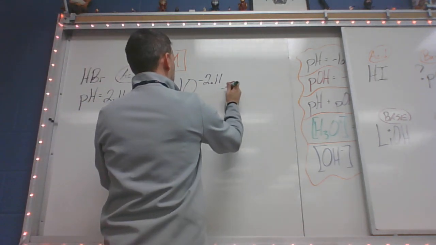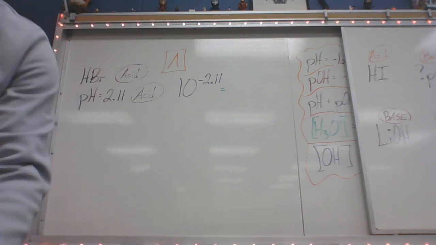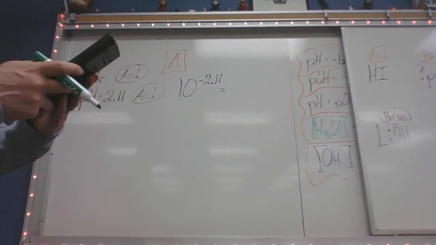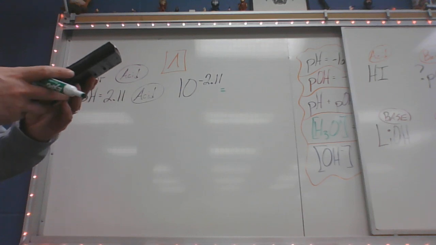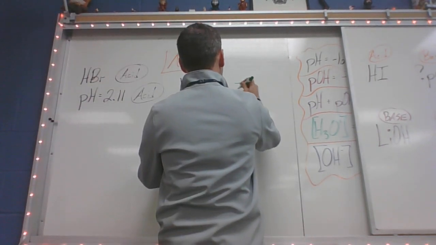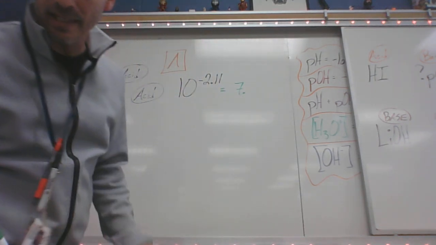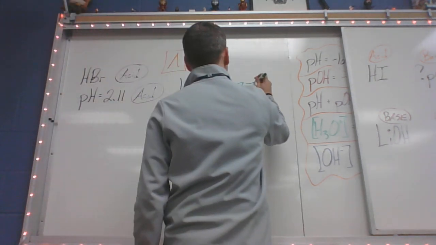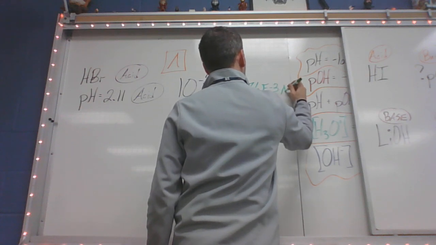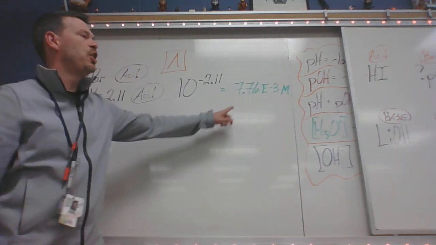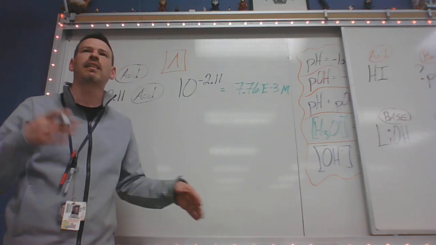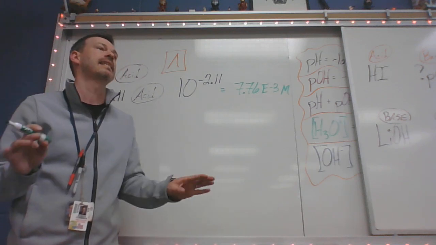And when you do that, you'll get something. Let's go 2 digits past. Now, we might write this in 2 different ways. I'm going to write it as 7.76 e negative 3 molar. Your calculator might have said 0.007762, which is the same number.